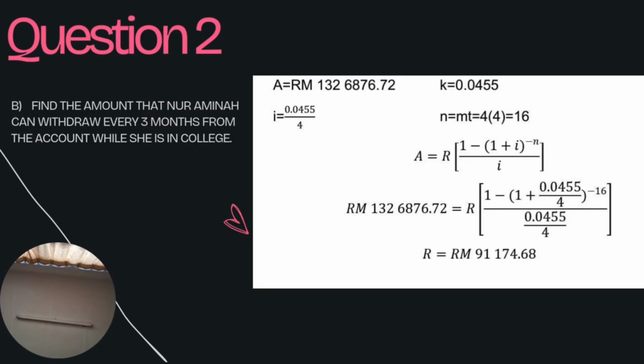So, Ringgit Malaysia 27,093.22 equals R, 1 minus open bracket 1 plus 0.0455 over 4 close bracket to the power negative 16 over 0.0455 over 4. The final answer for this question is R equals Ringgit Malaysia 369.32.